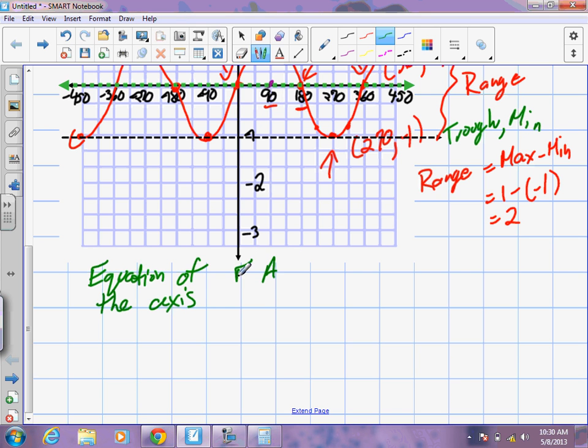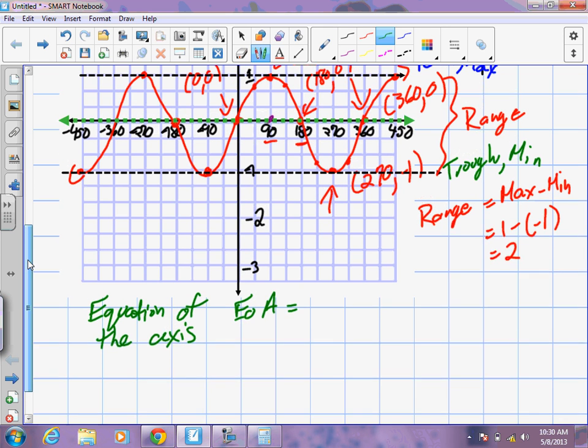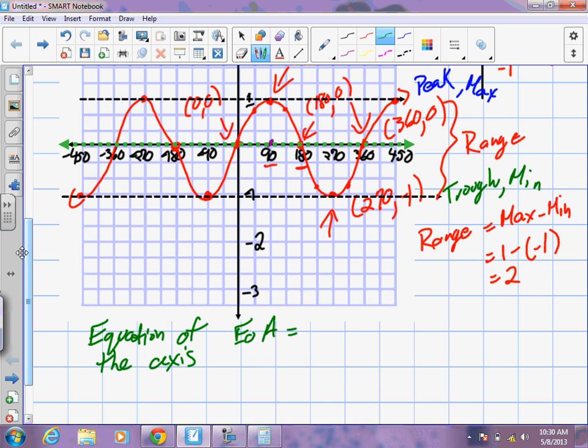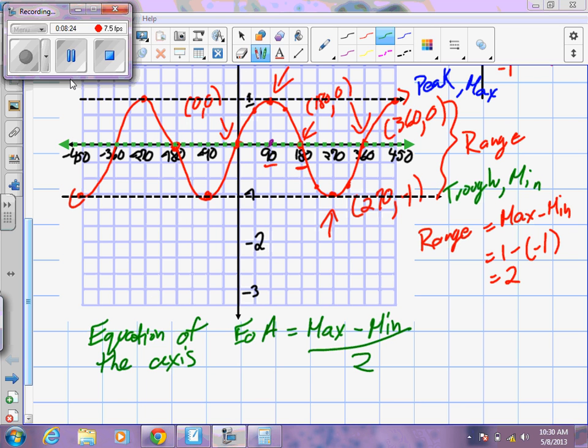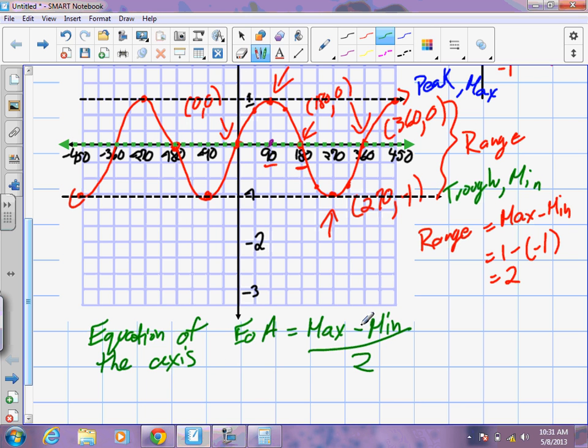For our EOA, we're going to take our max, plus our min, and divide by 2. Sorry, plus. The other equation I'm about to teach you is minus. So we add the max and the min together, divide by 2, and that's going to give us the equation of the axis.